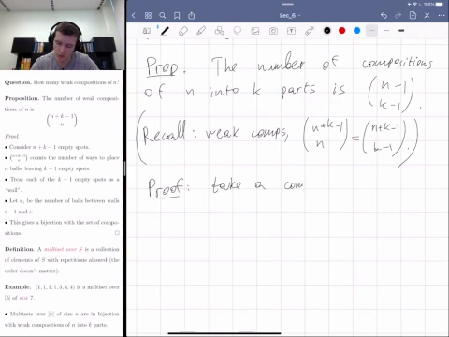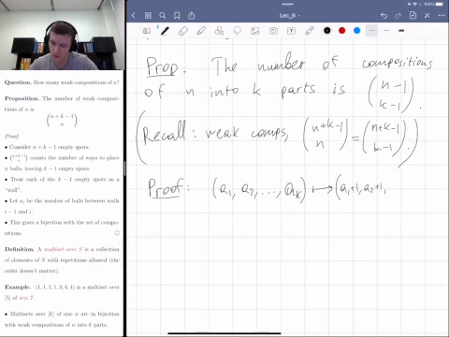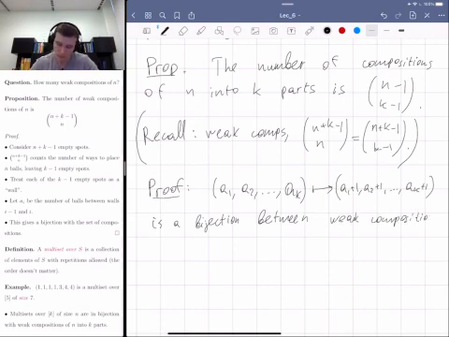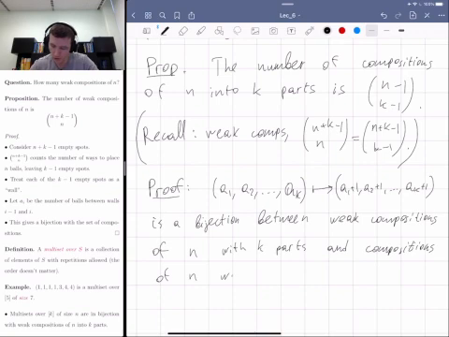I'm just going to write down the formula: A1, A2, all the way up to AK, if you add 1 to each, A1 plus 1, A2 plus 1, etc., AK plus 1, this map is a bijection between weak compositions of n with k parts and compositions of n with k parts.